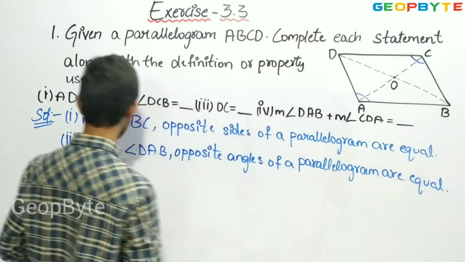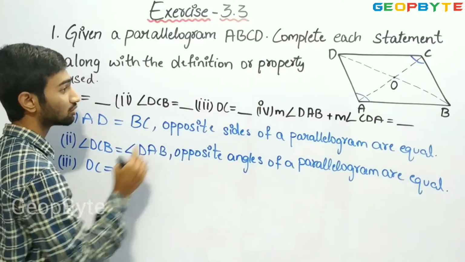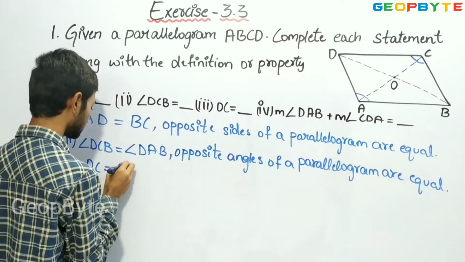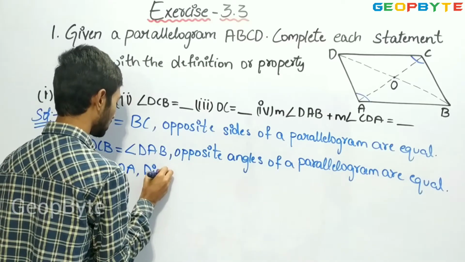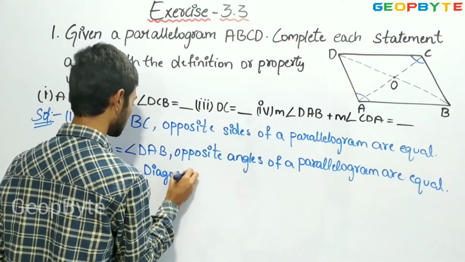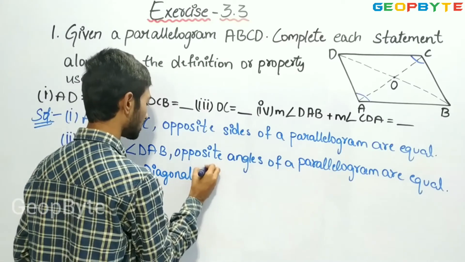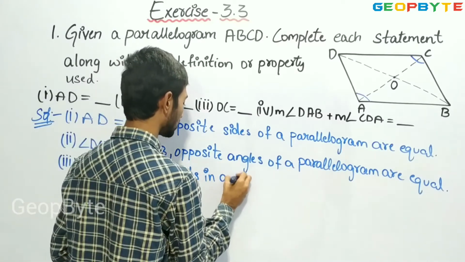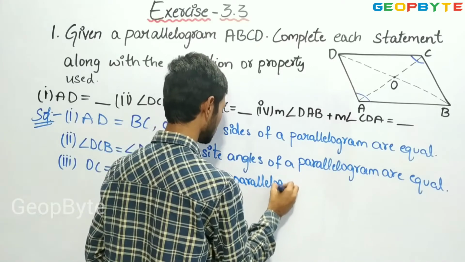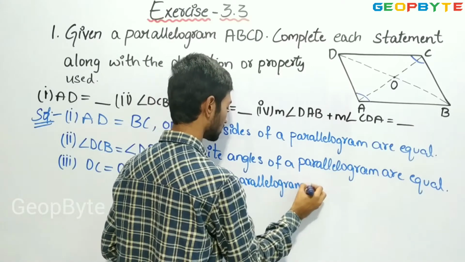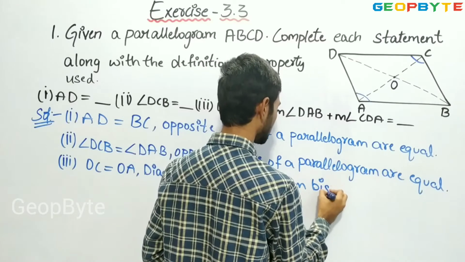OA equal to OC. So OC equal to OA, because diagonals in a parallelogram bisect each other.